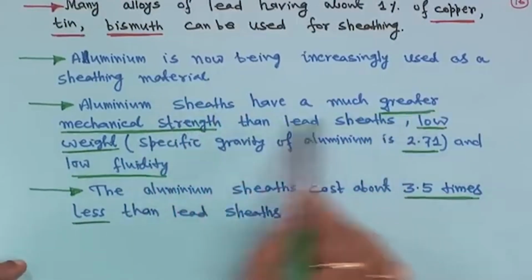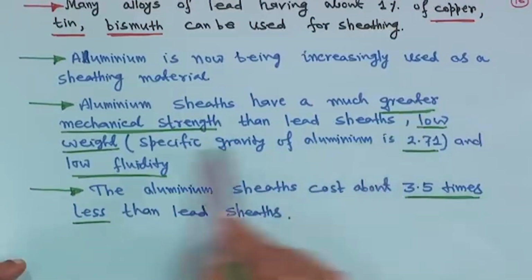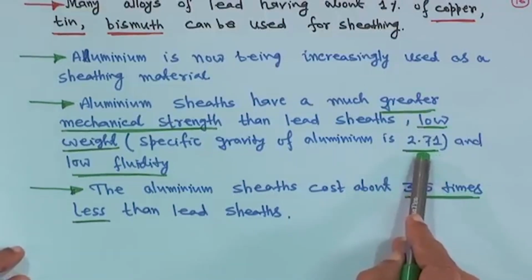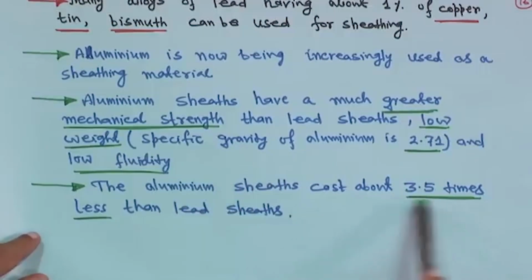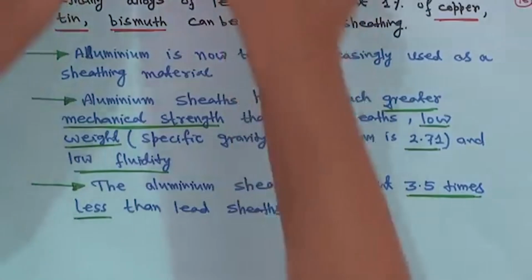Aluminum sheaths have a much greater mechanical strength than lead sheaths, low weight, specific gravity is only 2.71, so roughly 1/5 of lead, and low fluidity. The aluminum sheaths cost about 3.5 times less than lead sheaths. Cost is also lower for aluminum, right.